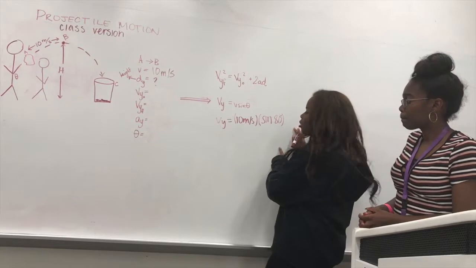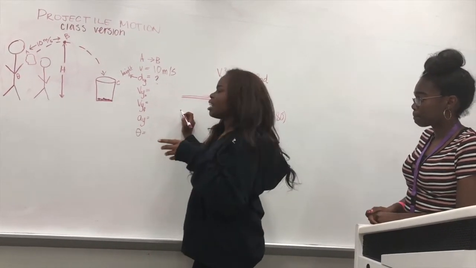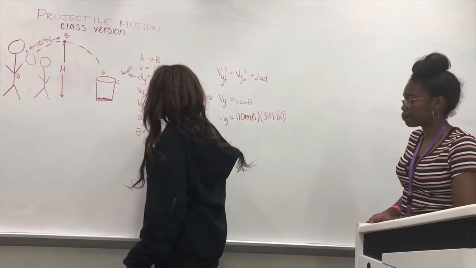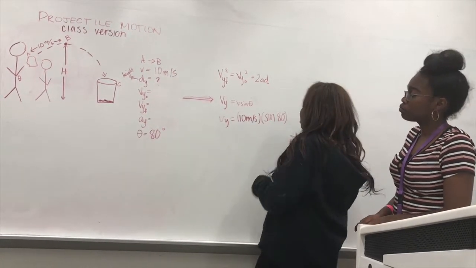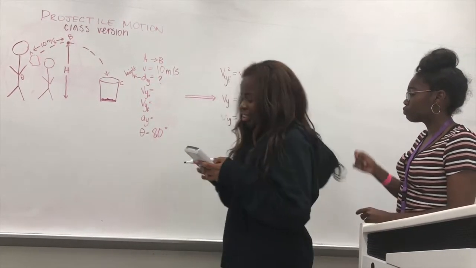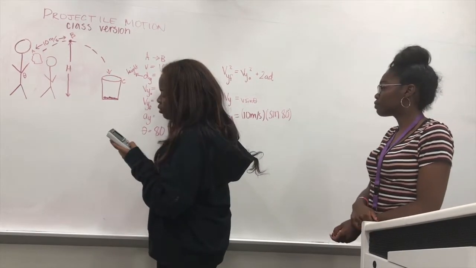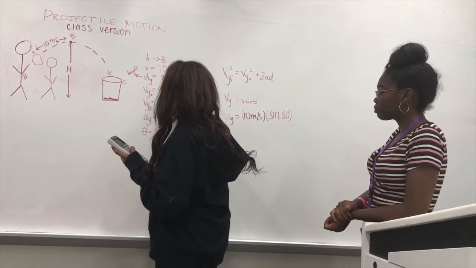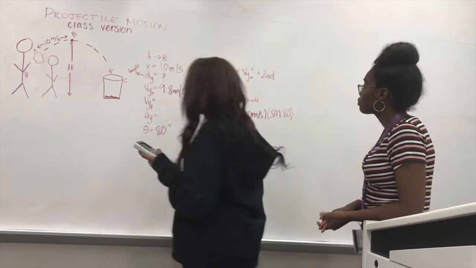I got the 80 degrees because it was given by Isaiah, because John had to use 80 degrees to shoot over his opponent. So multiply that. According to my calculations, the initial velocity was 9.8 meters per second.